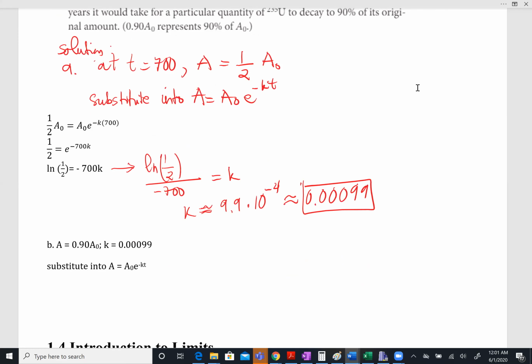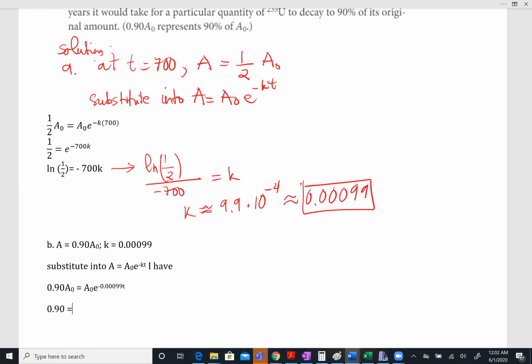So A is 0.90 A0, equal to A sub 0 times e to the negative 0.00099 t. Now I'm just going to divide both sides by A sub 0.